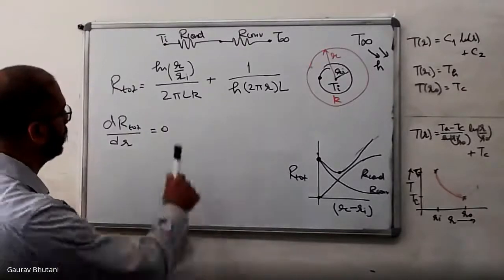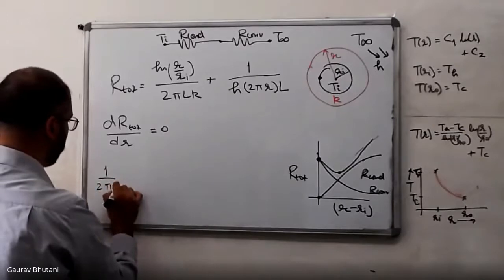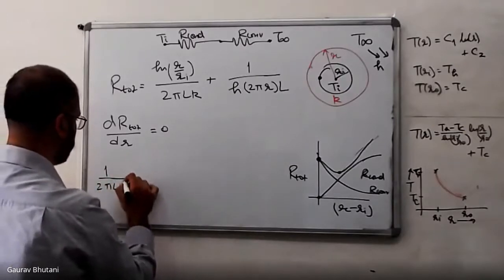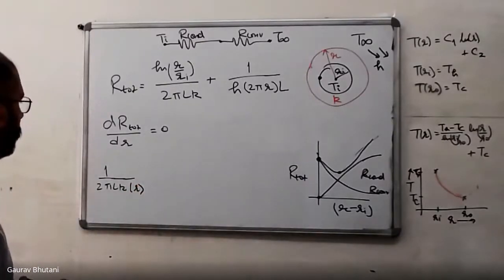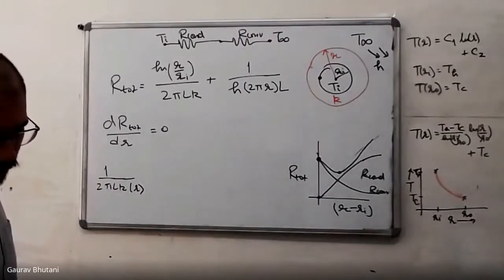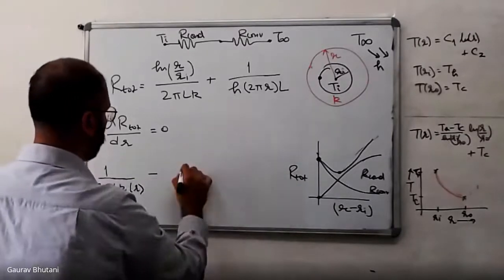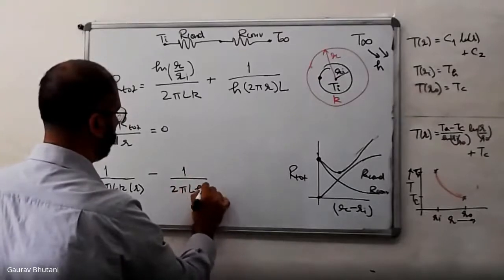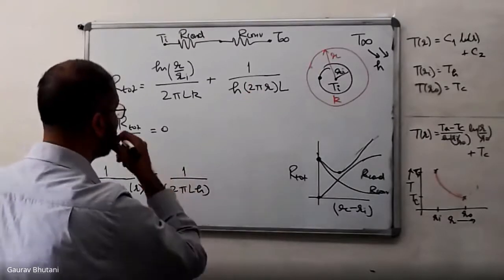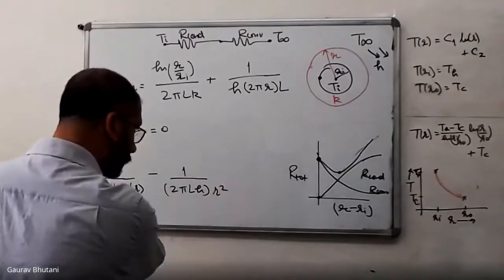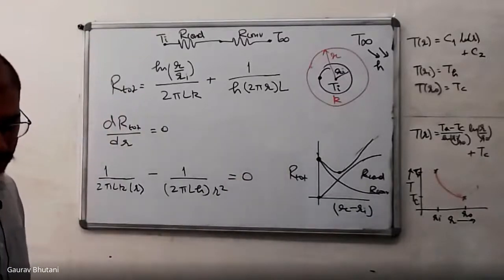So when I differentiate the first term, I get 1 by 2 pi L K times r, and then minus, differentiating this, you have 1 by r, so that's r to the minus 1, then minus r to the minus 2, which is r square. This is 0.